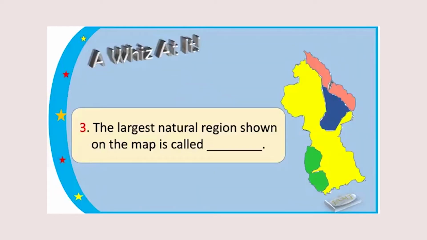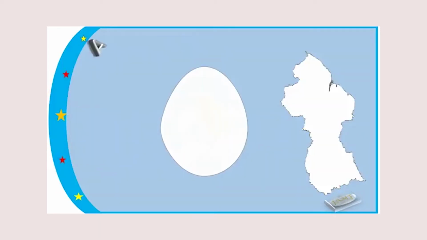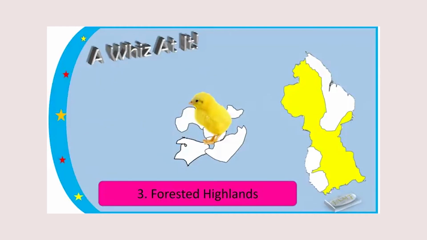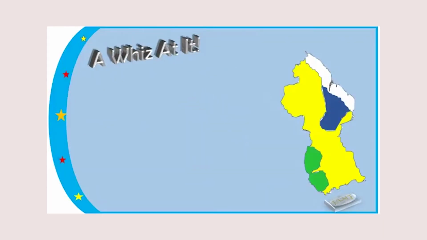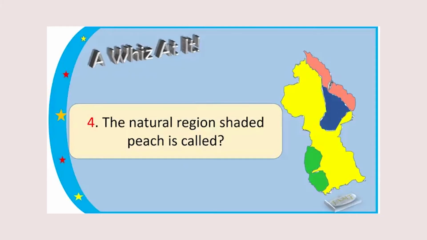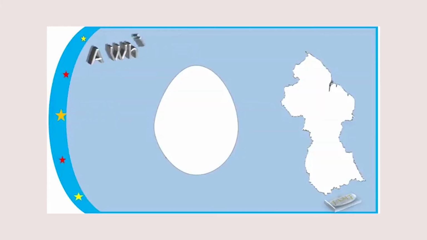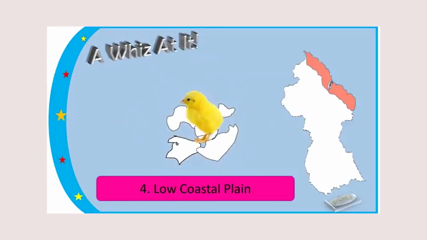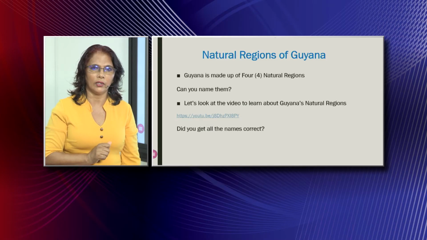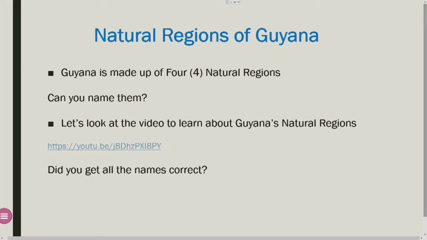The largest natural region shown on the map is called forested highlands. The natural region shaded peach is called low coastal plain. Did you get all the names correct?